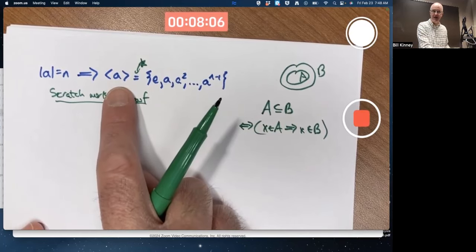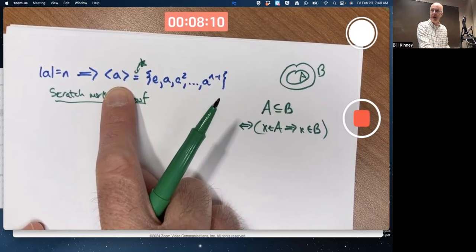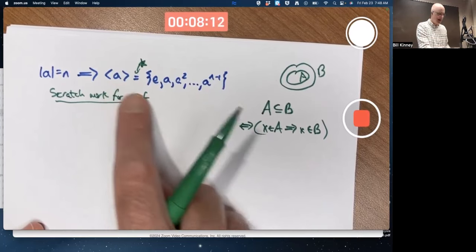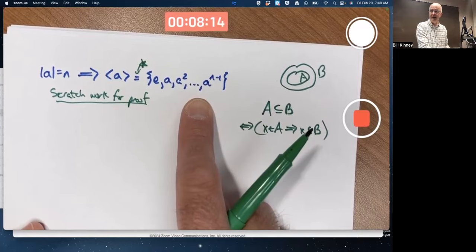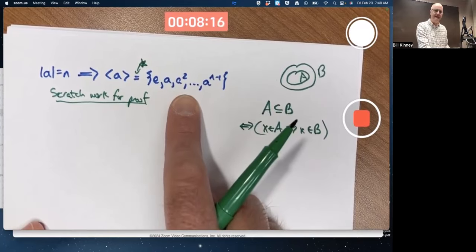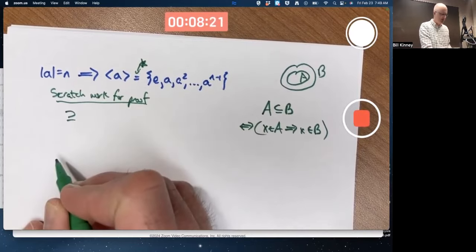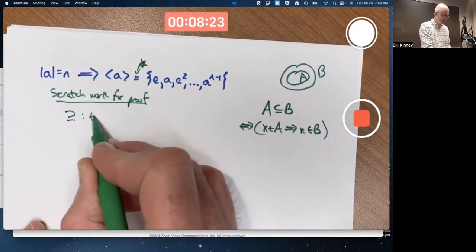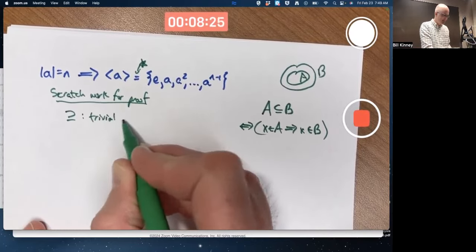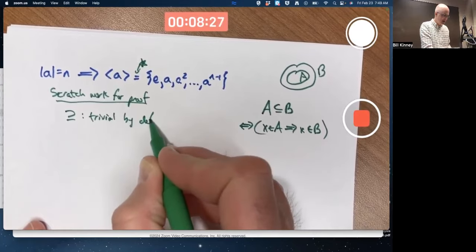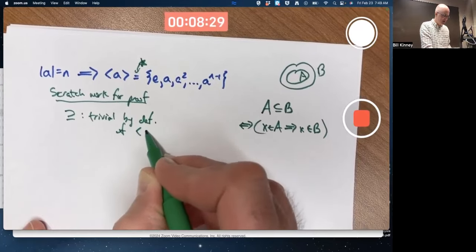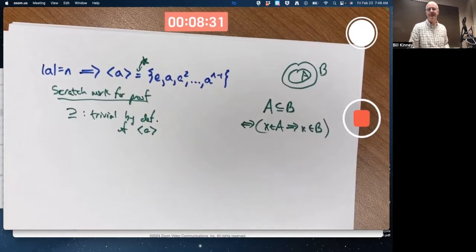Because by definition, this symbol represents the set of all powers of A. Hey, these are all powers of A. Any one of these n elements must be in there. I'll just say that inclusion is trivial by definition of the cyclic subgroup generated by A.